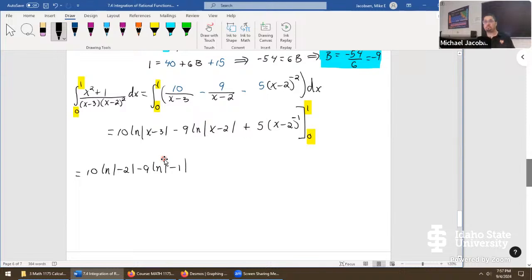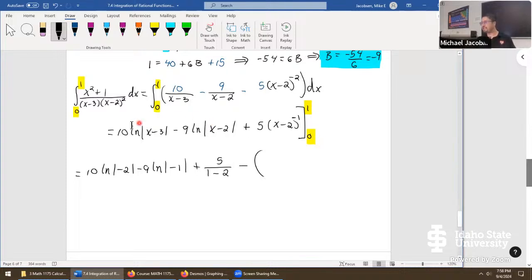This one would go to a 0, but this is what it would look like in the first step. And for this one, this would be plus 5. I'm going to bring this base down, so it's going to be x minus 2 in the denominator. The x is a 1, so 1 minus 2 down below. So that takes care of the upper limit of integration. Rinse and repeat for the lower limit. That look right to folks so far?